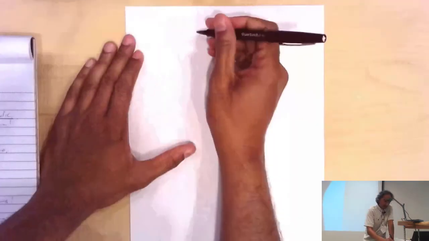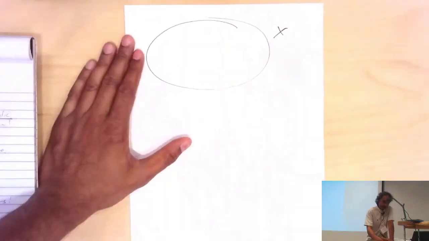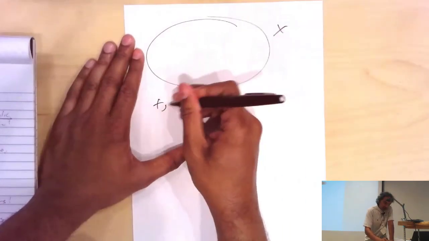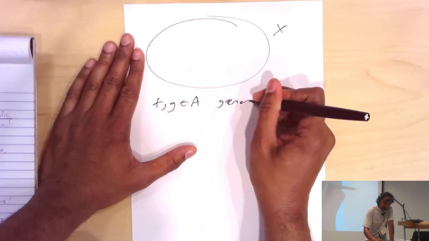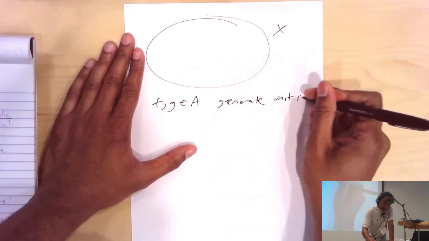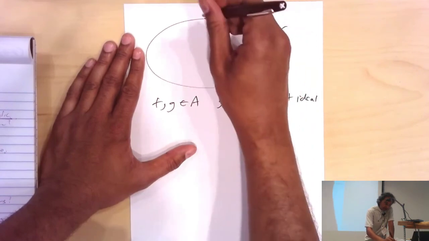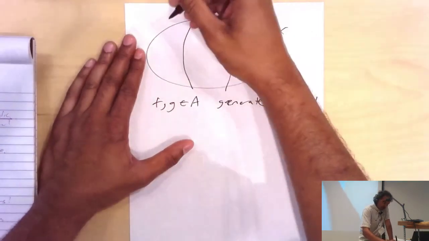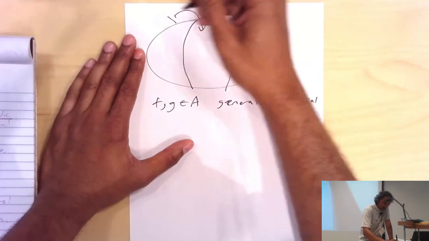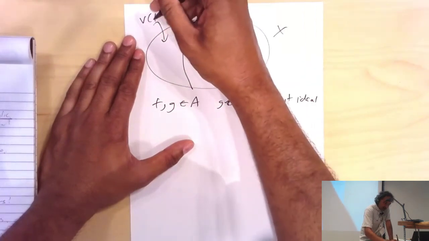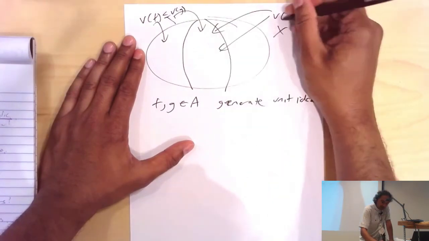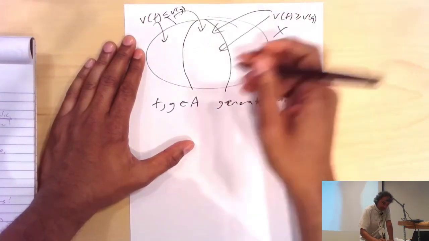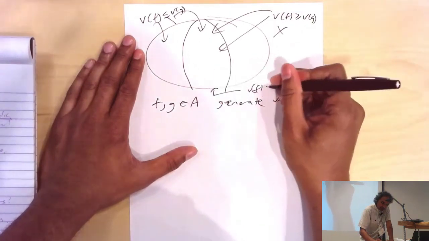So let me draw this picture. Here's X. So I take two elements, F and G, in A, which generate the unit ideal. So this space is V of F less than or equal to V of G. This space is V of F greater than or equal to V of G. And the intersection is, of course, V of F equals V of G.